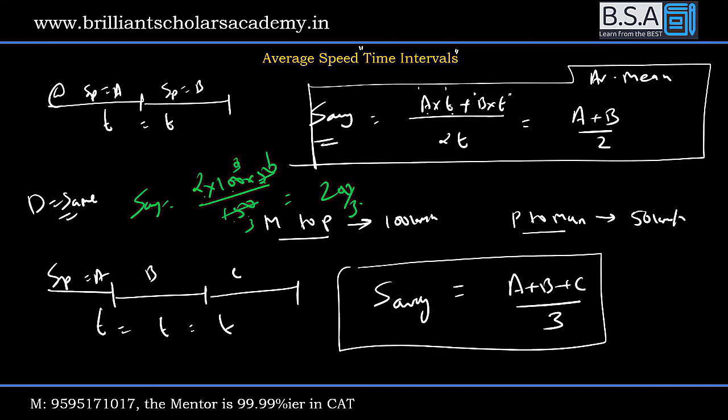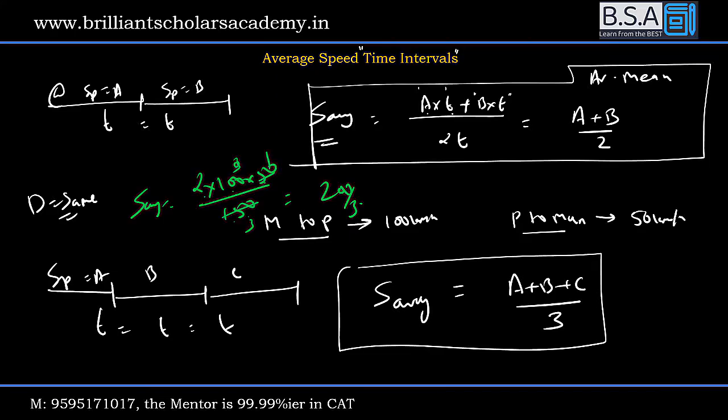Copy this down. Let me know it's done. Speed average is general speed.